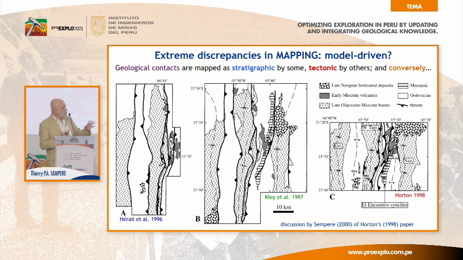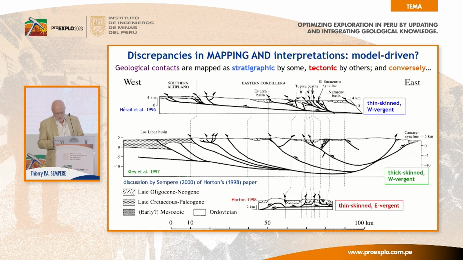However, if we compare the maps produced by the 3 groups in 96, 97, 98, we see that the 2 first groups have mapped almost the same, while the most recent one did the reverse mapping: the first maps were reversed, and now there's a stratigraphic contact, and vice versa.